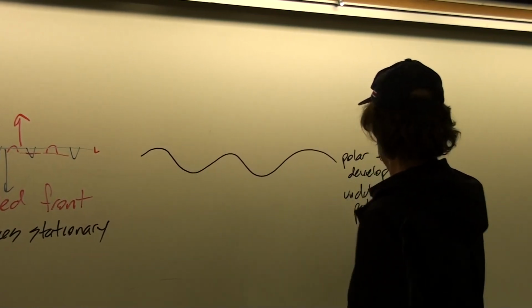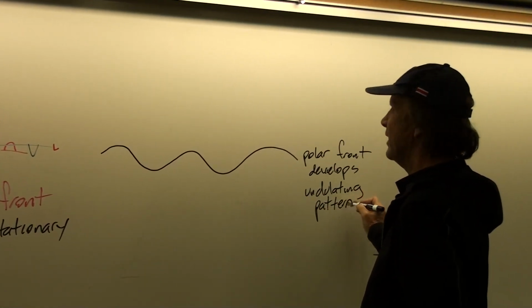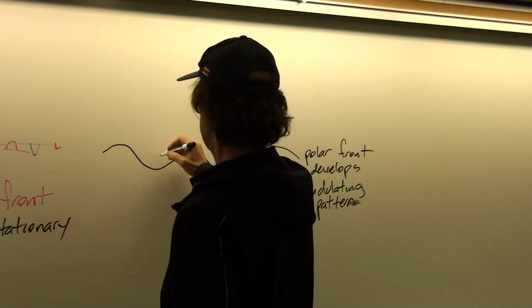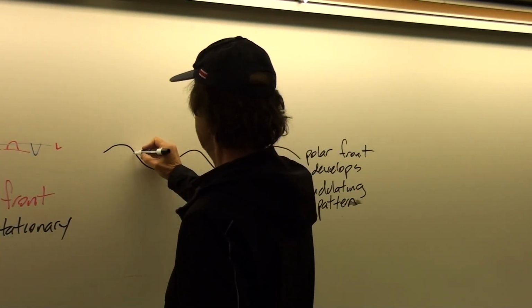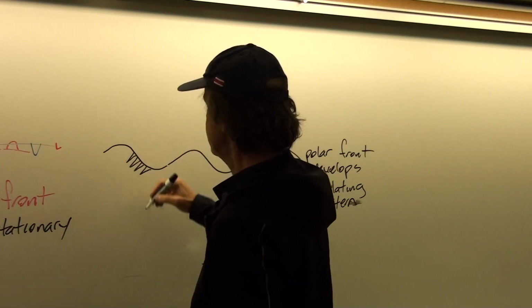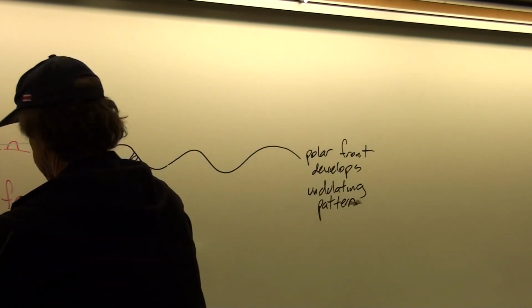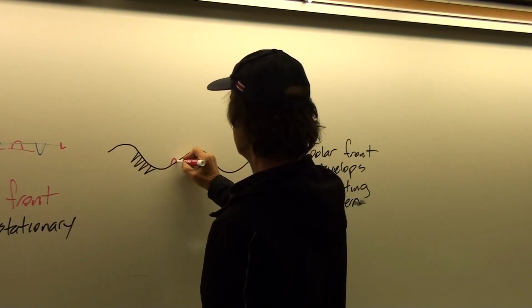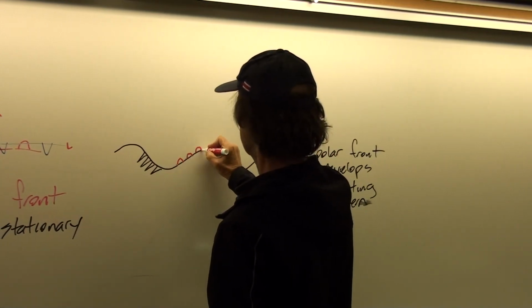So it creates this wave-like or undulating pattern to the polar front. And so in this region, a lot of times the cooler air may gain an advantage. And in this region, where it's pushing up, the warmer air gains an advantage.